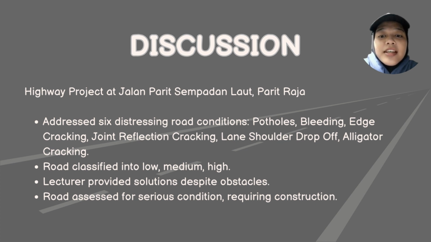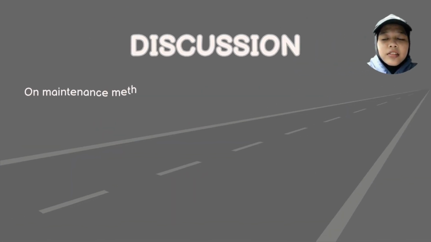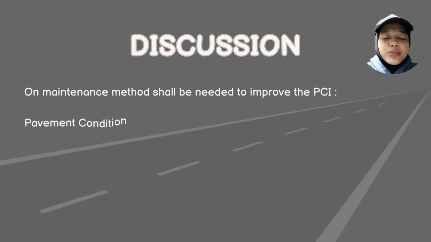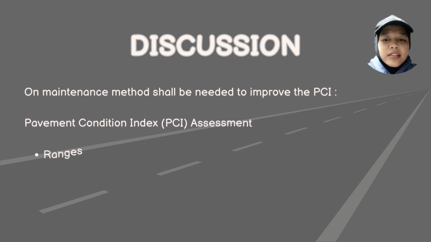The road was measured and assessed, and it was found to be in serious condition on the pavement condition index, requiring reconstruction. Next is the discussion on the maintenance method needed to improve the PCI.